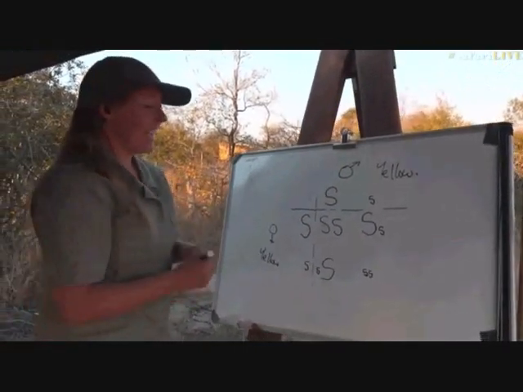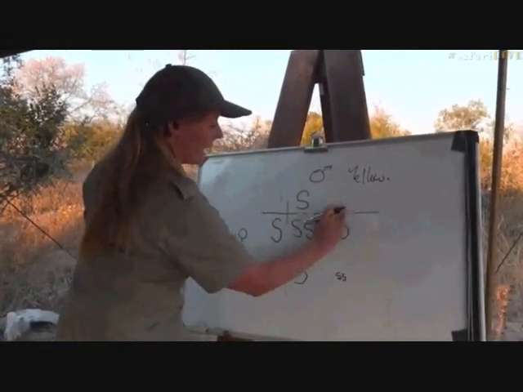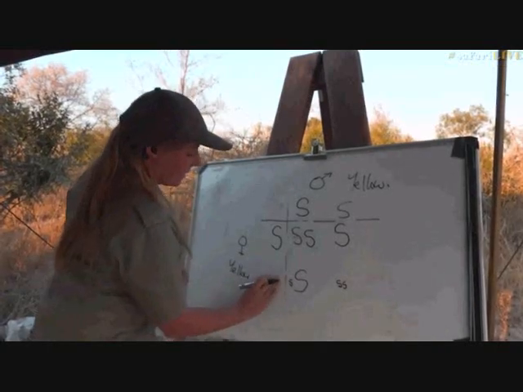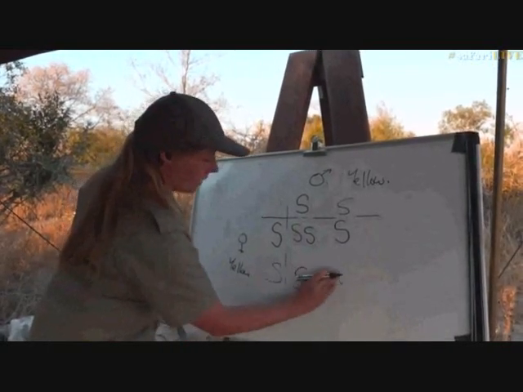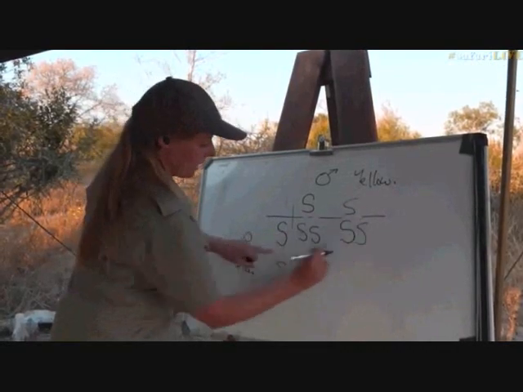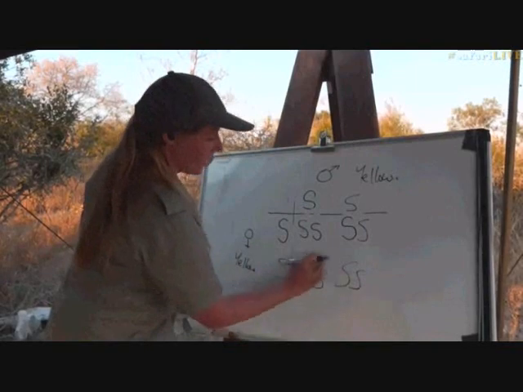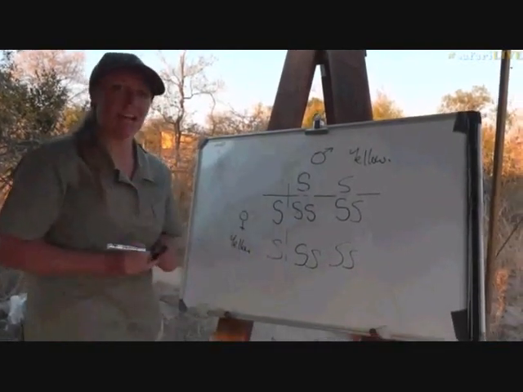If both animals don't have this, so if they have the big S's, it will still be, so you can see big S, big S, big S. So you'll constantly get yellow cats and no carriers.